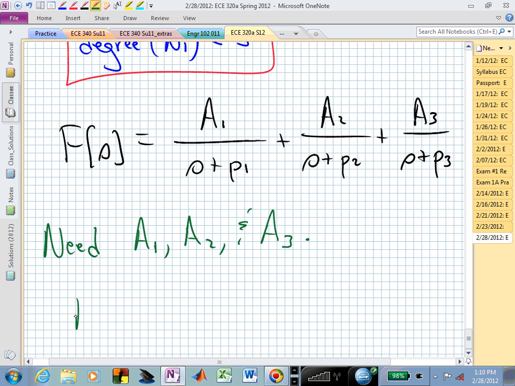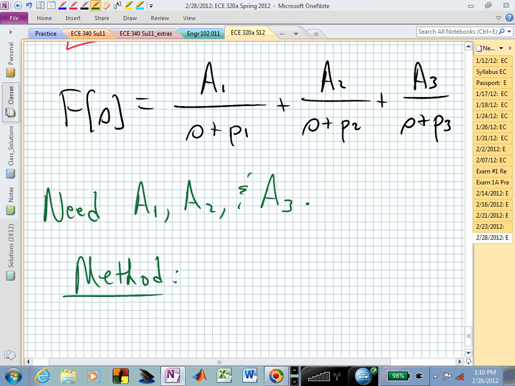And the method that's easiest to do, actually, is to simply multiply both sides. If we want to solve for A sub 1, we would multiply both sides of the equation, F of s and the right-hand side, we would multiply all terms by the factor s plus p sub 1. And then we would evaluate both sides when s was equal to the value that makes that factor vanish, or when s is equal to minus p sub 1.